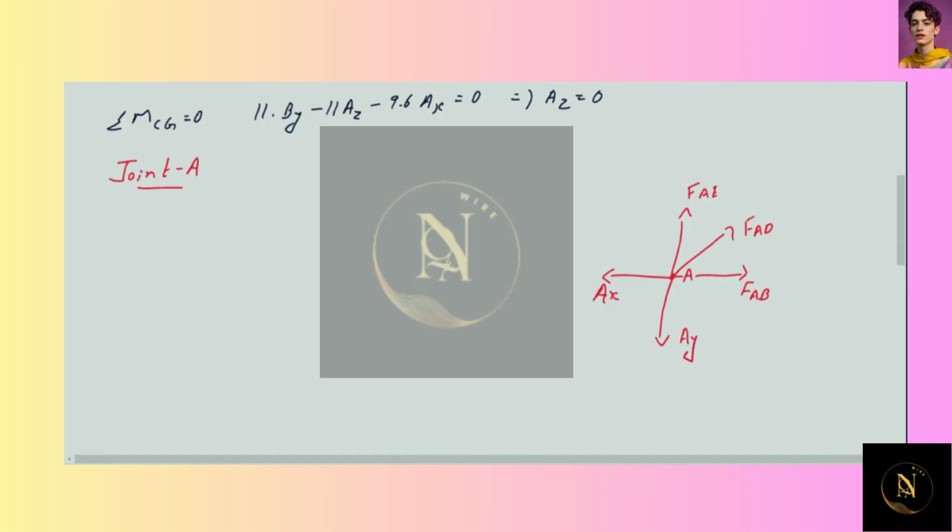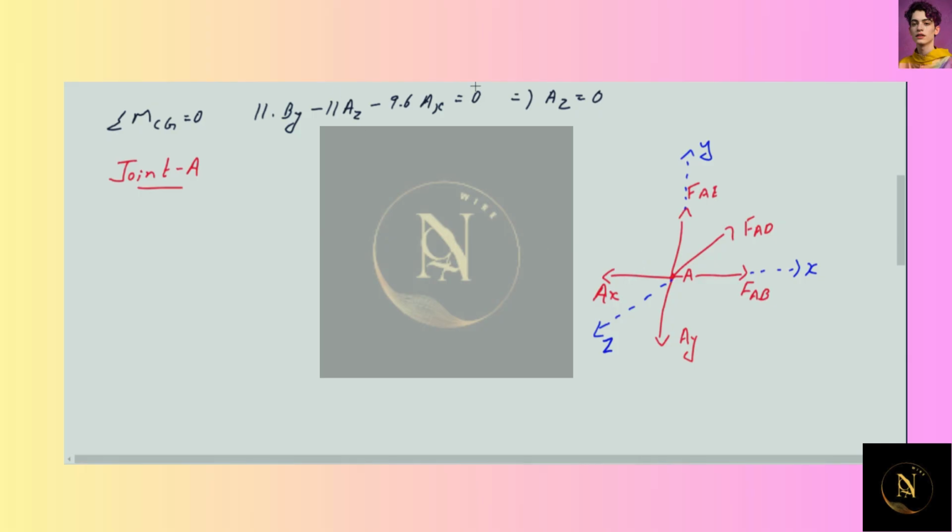Okay, let's denote the axes. This will be the X axis, this will be the Y axis, and this will be the Z axis.